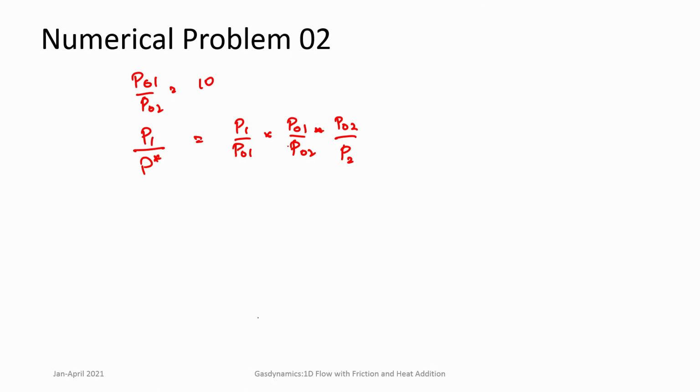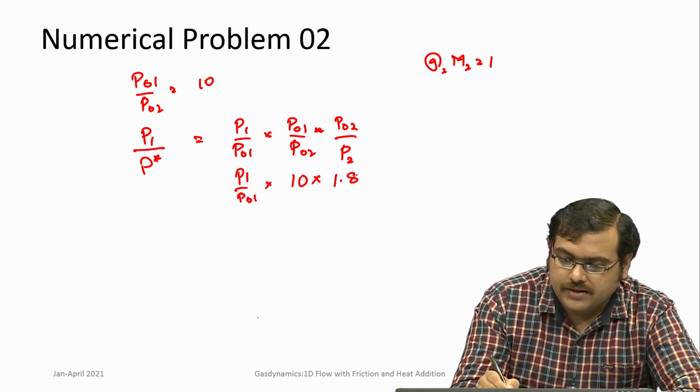Okay. And also we know that at 2 Mach number M2 is equal to 1. Therefore, P02 by P2 is also known at that particular point. So, this is P1 by P01 multiplied by 10 multiplied by 1.893.